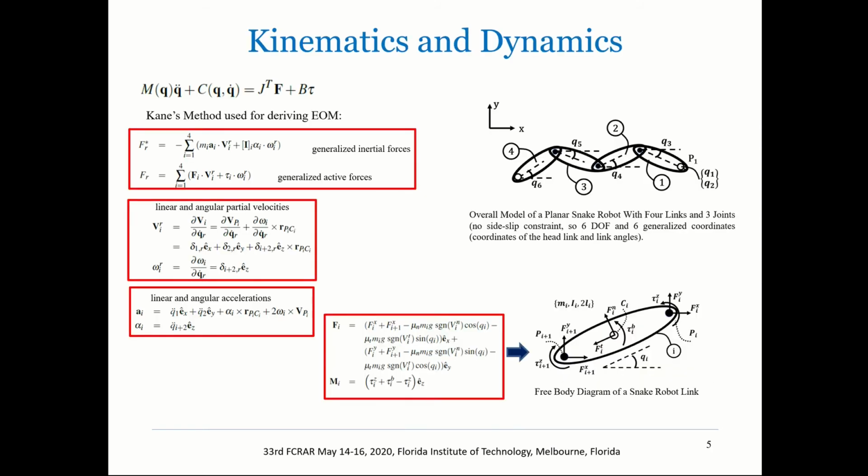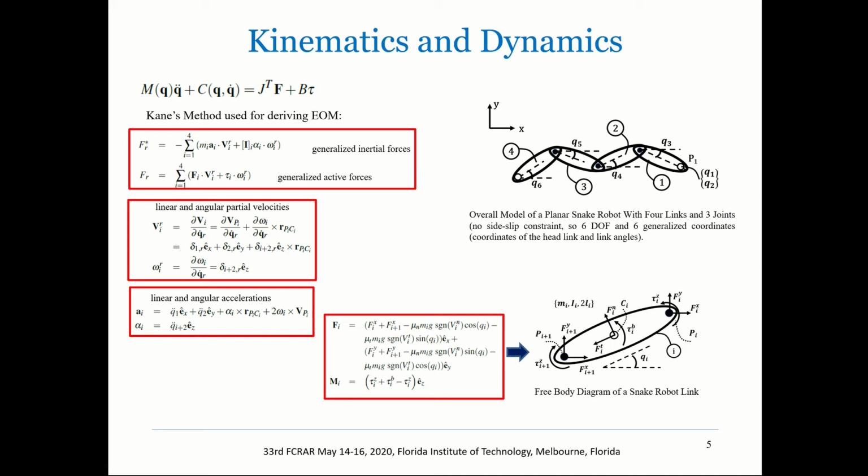The dynamic model begins with the standard nonlinear format. Kane's method is used to derive the equations of motion as you see on the left. On the top right, you see the 4-link snake robot planar view.